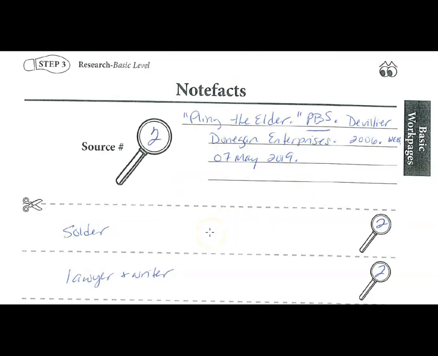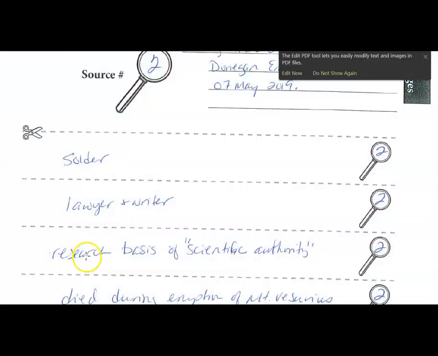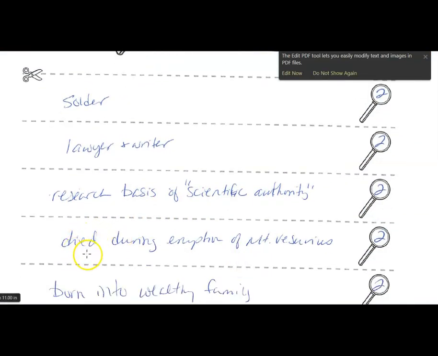That's what we need to know. Down the road, when we're putting it all together and somebody says, well, where did you get that information? This 2 tells me where I got it. I got it from this source. Because you notice these little scissors? We're eventually going to be cutting along all of these lines. And so once we cut along these lines, we would not know where this information came from, that he was a soldier, that he was a lawyer and a writer, that he researched the basis of scientific authority, that he died during the eruption of Mount Vesuvius.